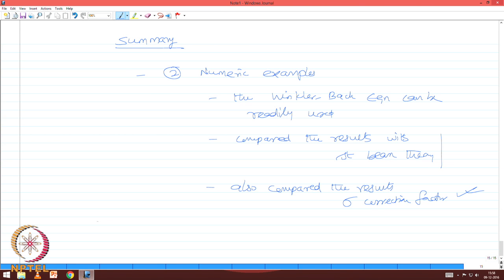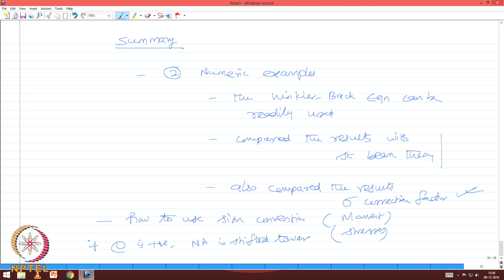So, in these examples we learned how to use the sign convention for two things: one for the moment, two for the stresses. We have also learned if E is positive, it means neutral axis is shifted towards the center of curvature.